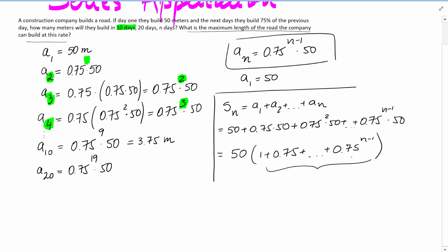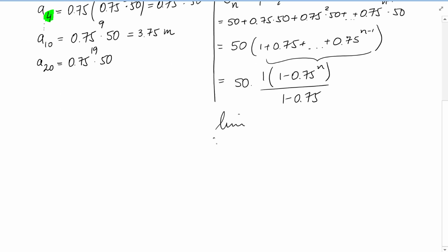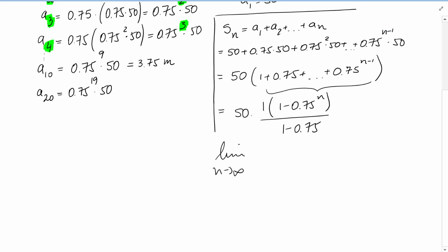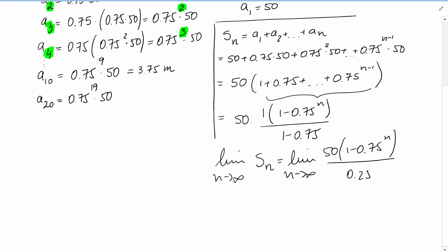We know this is a geometric series, which can be written as 50 times the first term times 1 minus 0.75 to the n over 1 minus 0.75. So the limit as n approaches infinity, as time passes, of S sub n is the limit as n approaches infinity of 50 times 1 minus 0.75 to the n over 0.25.